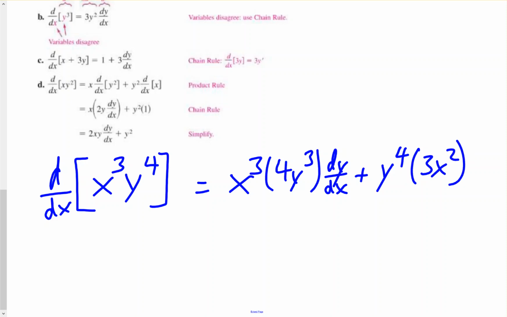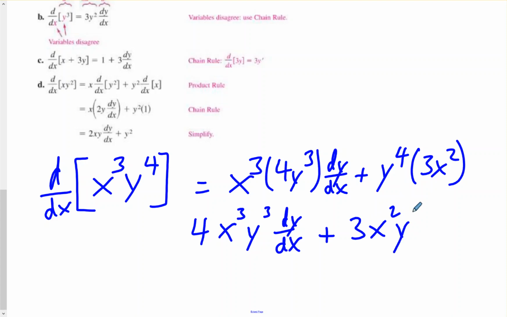Let's clean it up a little bit. Any coefficients you'll bring to the front, and you'll keep it in alphabetical order. So the 4 will come in front, 4x cubed y cubed dy dx, plus the 3 will come to the front, 3x squared y to the 4th.